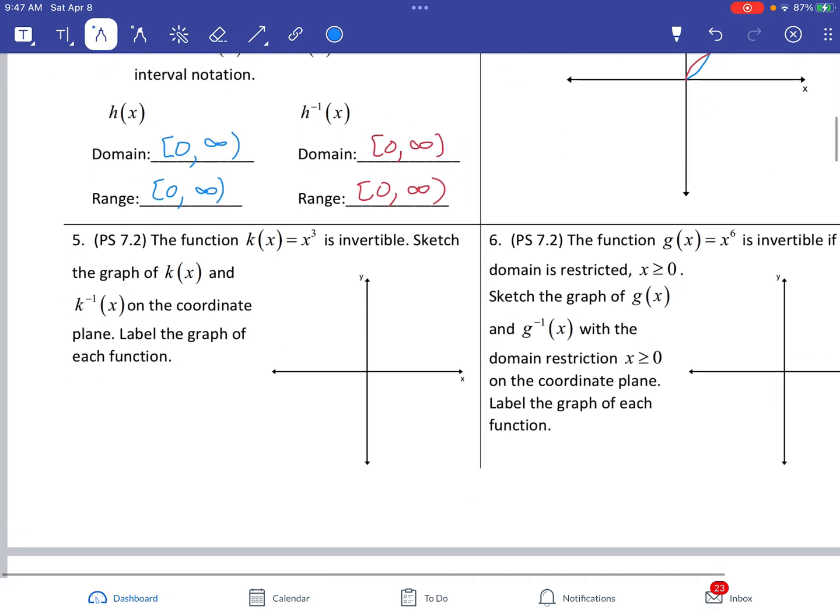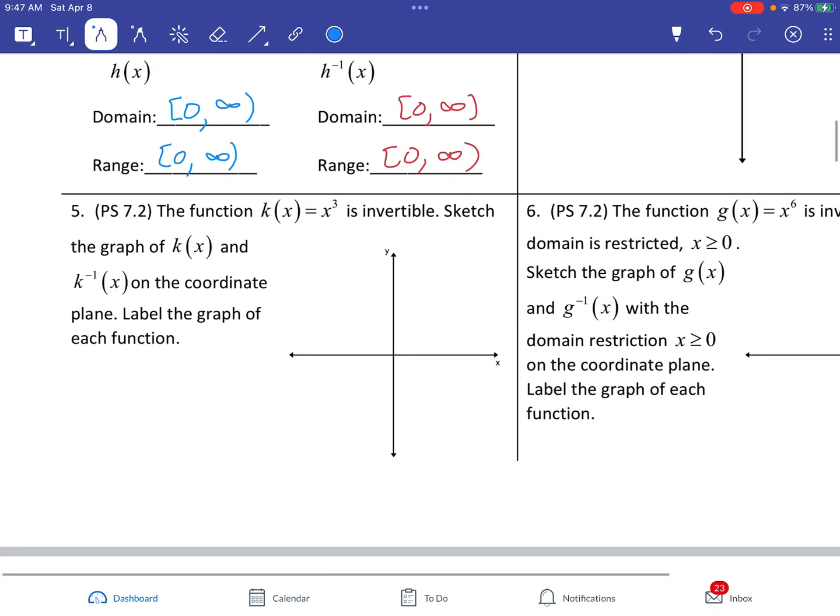Next, number 5. Sketch the function k of x equals x to the third, which is invertible. Sketch the graph and the inverse of the graph. I'm going to show you the inverse. It's pretty straightforward. It would be y is equal to the cube root of x. That's the inverse. So I'm going to sketch the first graph, k of x, which is x to the third, in blue. It's going to look like this.